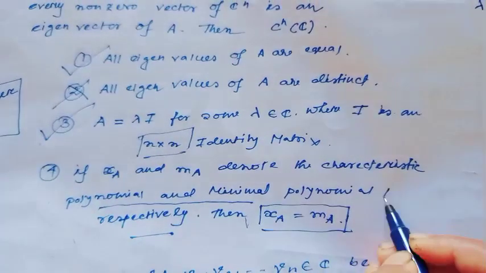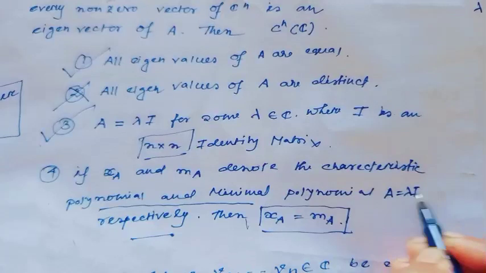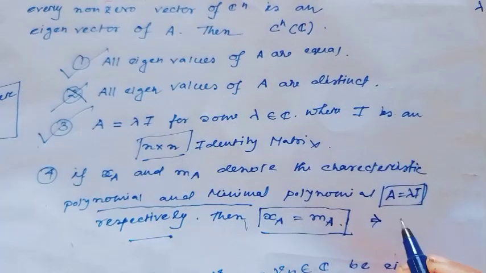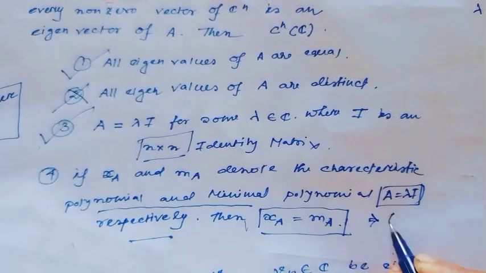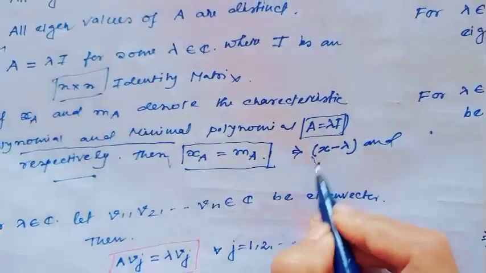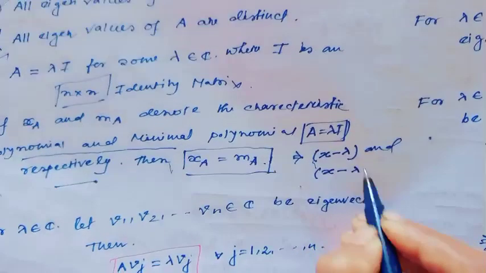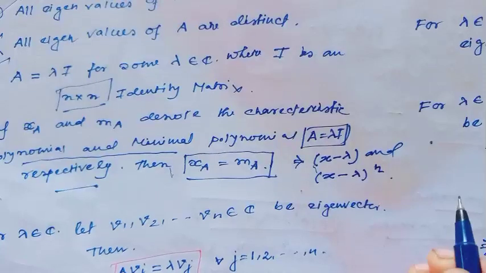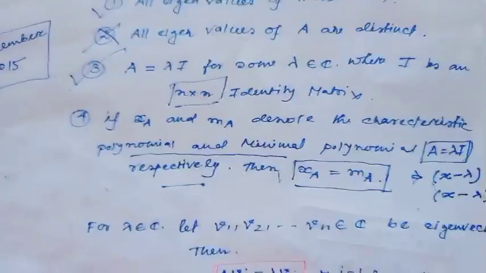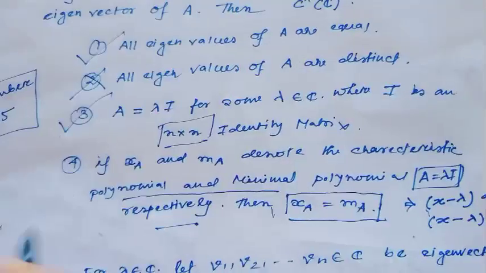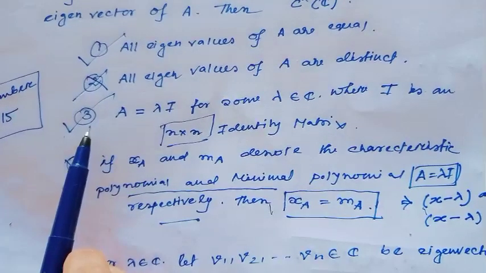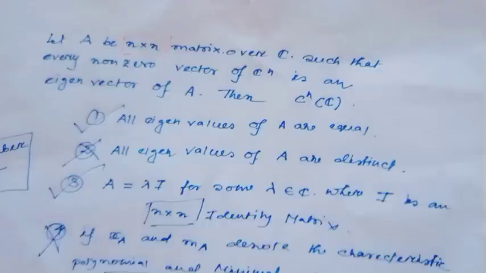Since the matrix is a scalar matrix, A equals lambda I, obviously the minimal polynomial is of the type x minus lambda, and the characteristic polynomial would be of the type (x minus lambda) to the power n, where n belongs to the natural numbers. That means option 4 is also a wrong option. Only option 1 and option 3 are right options. Have you understood this question?